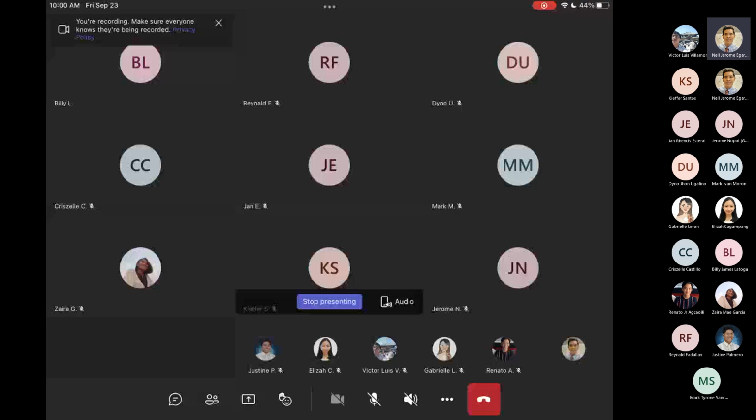Pero meron kasi akong mga carryover discussion from last week kaya hindi natin nasimulan kagad yung linggo with section 2.1. So medyo we're behind schedule but that's fine. We'll take our sweet time. Saka na lang tayo mag-adjust towards the end, ano.